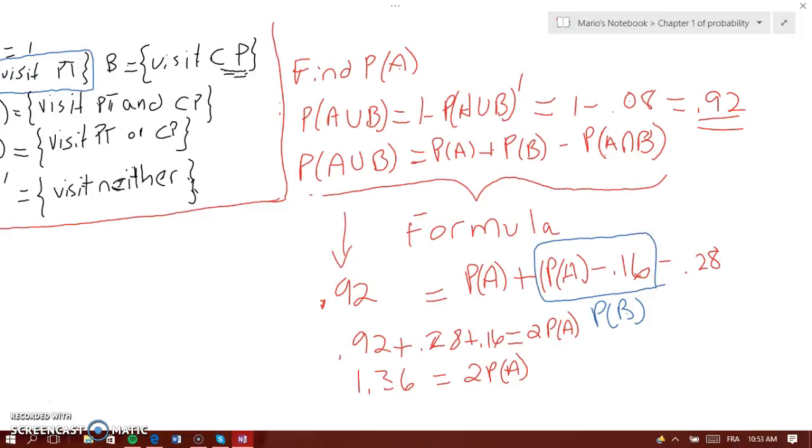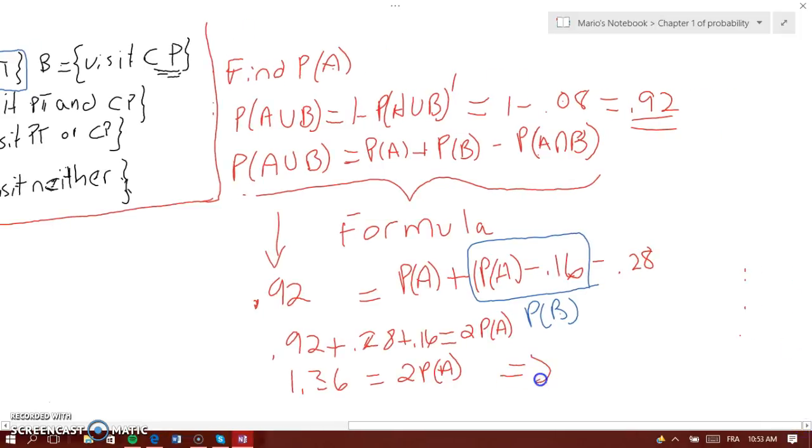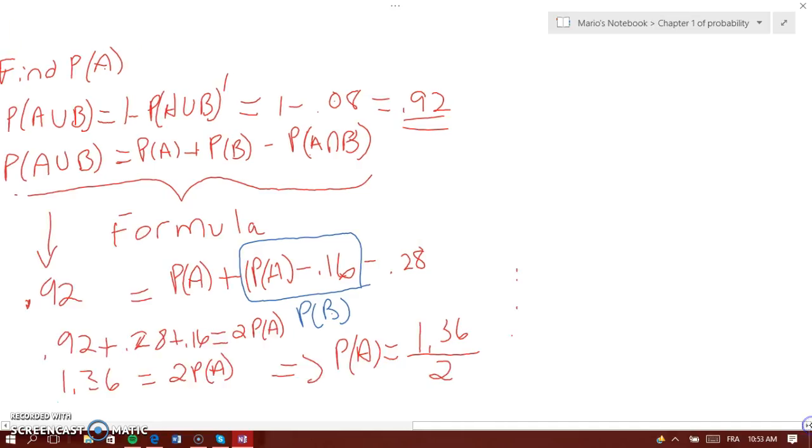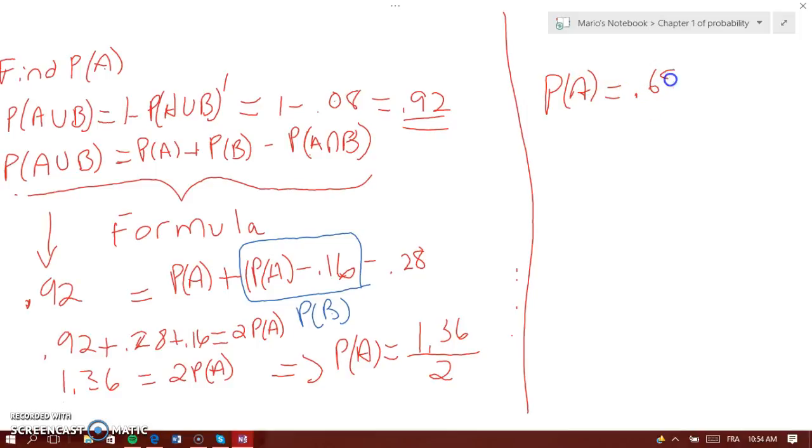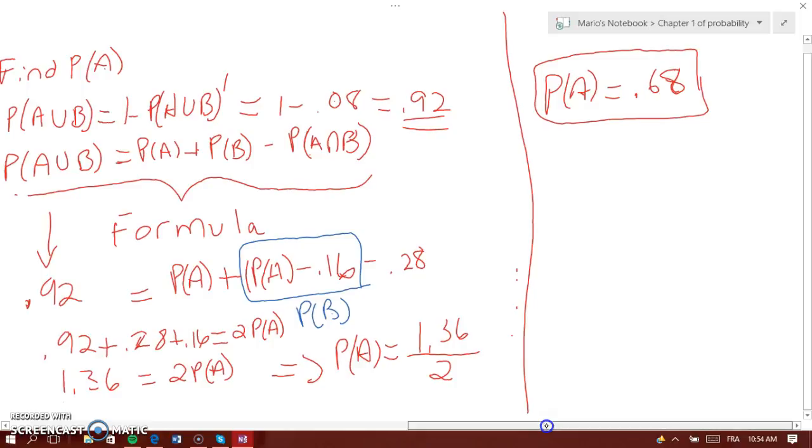Now, remember we need to find PA, so PA would equal 1.36 over 2. Then P of A equals 0.68. So this is how we found PA.